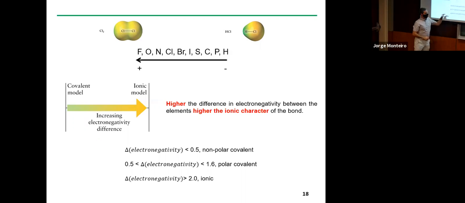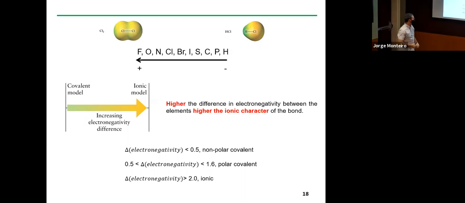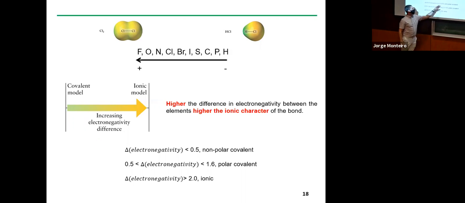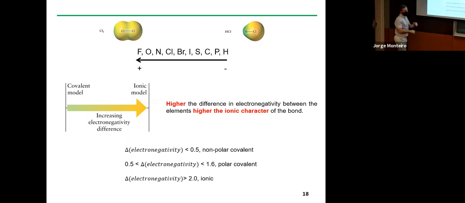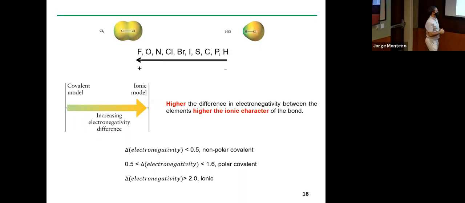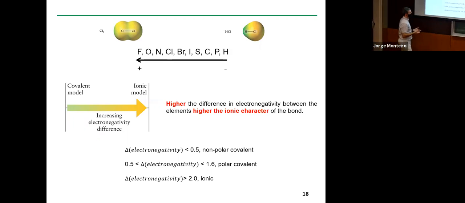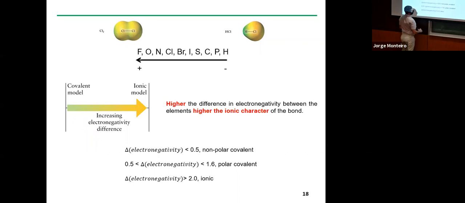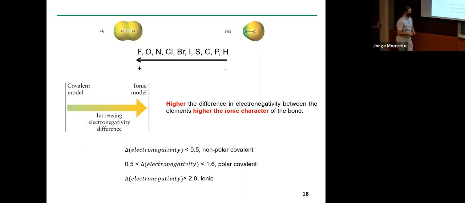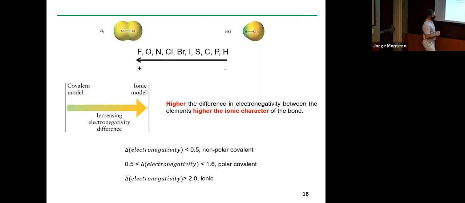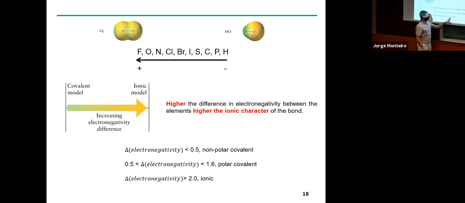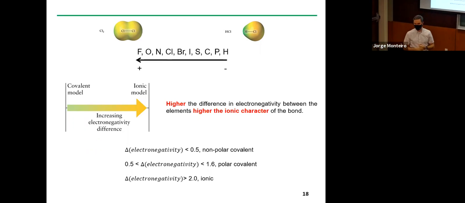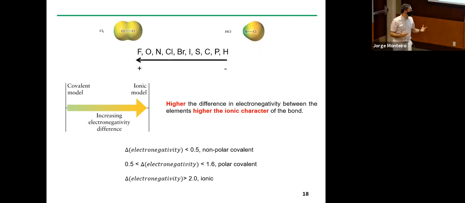And here there is a sort of a scale. If the electronegativity difference is lower than 0.5 between the atoms, that's a nonpolar covalent compound or bond. In between 0.5 and 1.6, that's going to be polar covalent compounds or bonds. And higher than 2, that's going to be classified as ionic bonds or compounds.